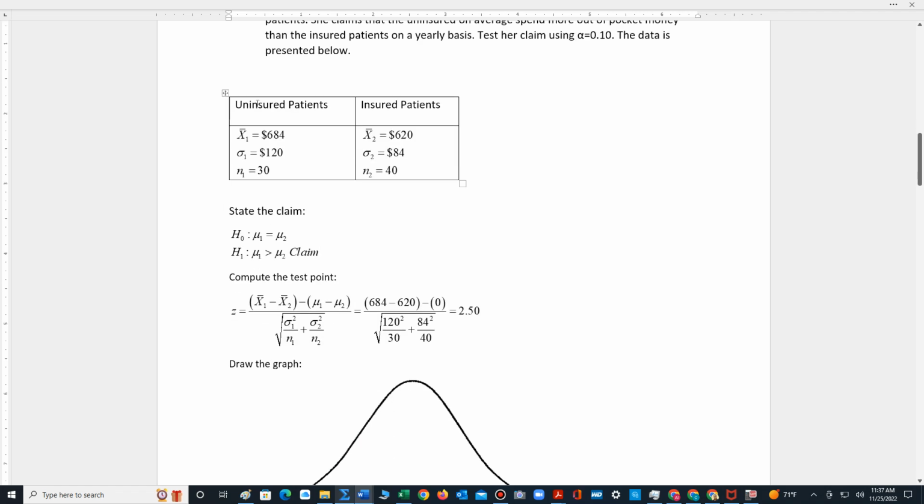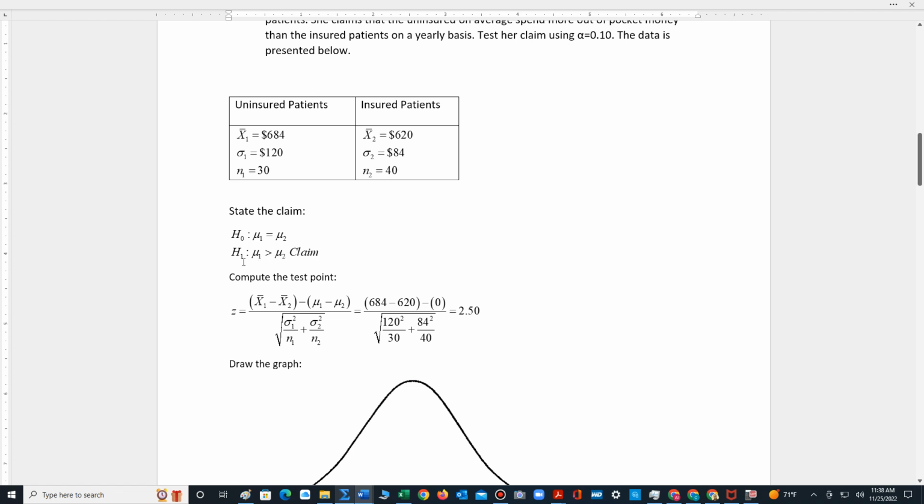So the claim is that the mean for the uninsured patient, which is denoted as mu sub 1, is greater than the mean for the insured patients, which is denoted using mu subscript 2. So mu sub 1 is greater than mu sub 2 is the claim.